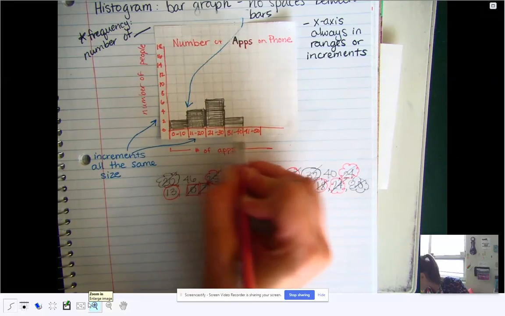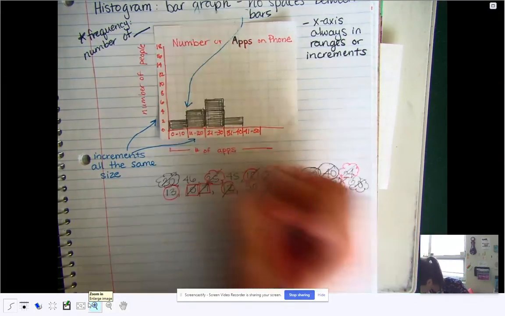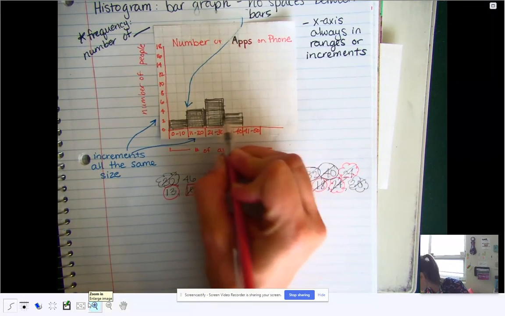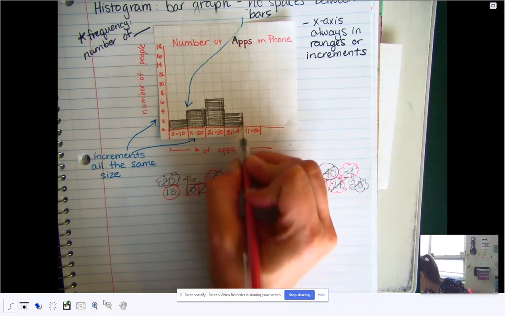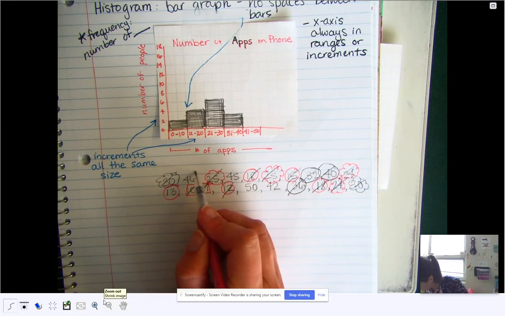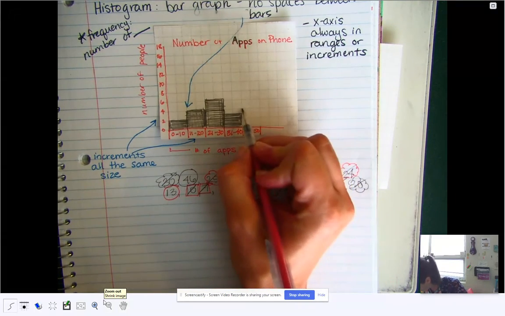I don't have a 40. Oh, I do have a 40 on the nose. I missed it again. So I actually need to have 3 in this range. All right, and then in my 40 to 50, I have 46, 45, 42, 50. So 4 in that range.